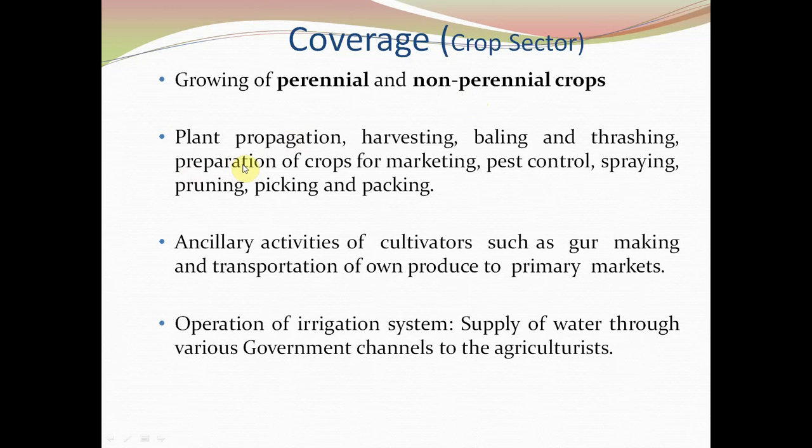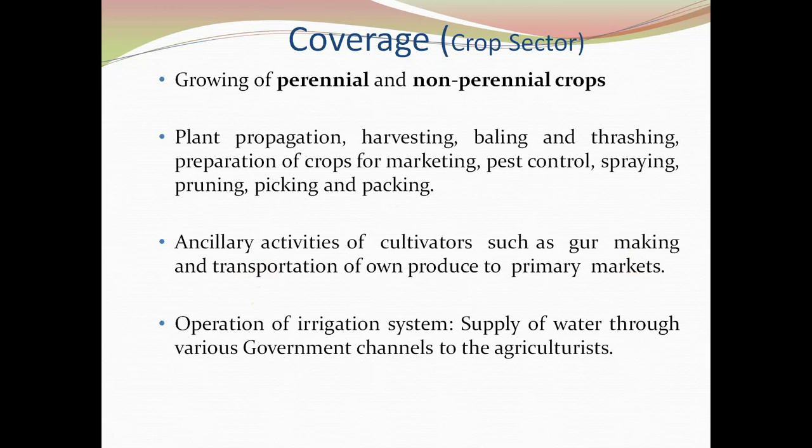Then plant propagation, harvesting of crop, baling and threshing, then preparation of crops for marketing, their pest control, spraying, pruning, picking and packing of final output. Then ancillary activities of cultivators, such as gur making done after sugarcane production, and transportation of own produce to the primary market.